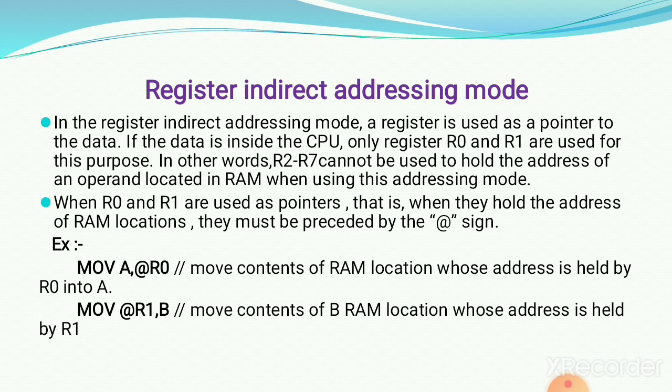Its example is MOV A, @R0. The meaning of this instruction is that it causes the 8051 to analyze the value of the R0 register. That means move the content of the RAM location whose address is held by R0 into A, where A means accumulator.